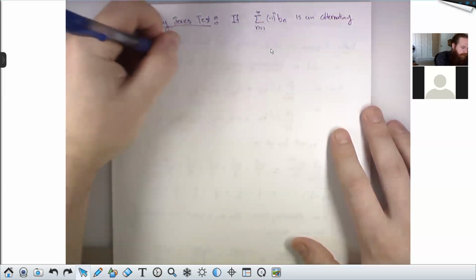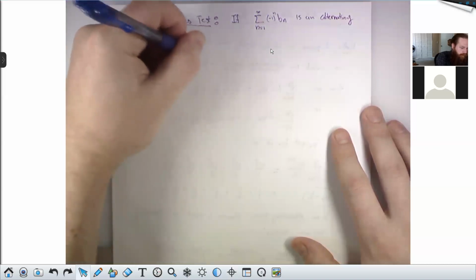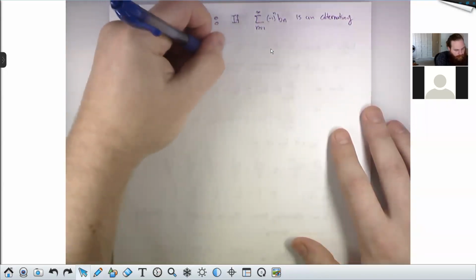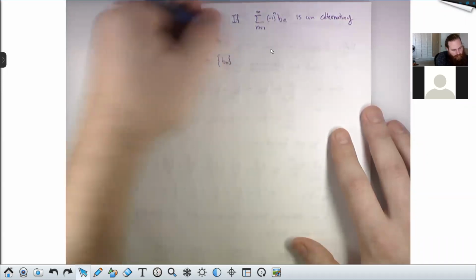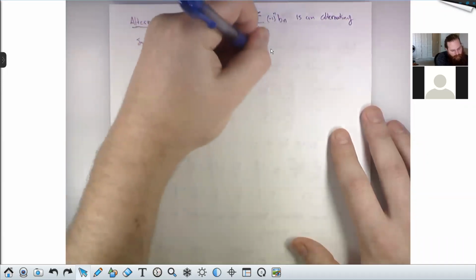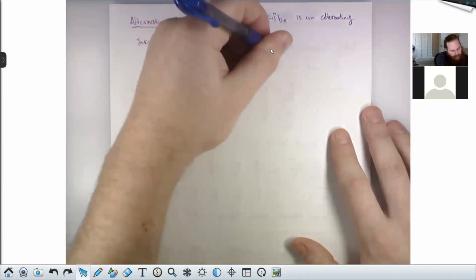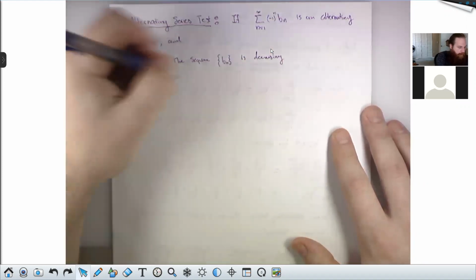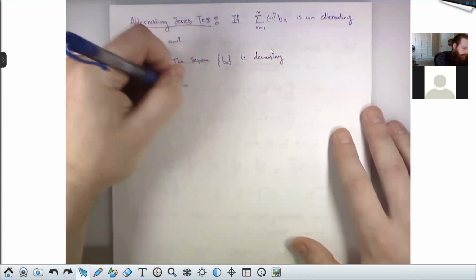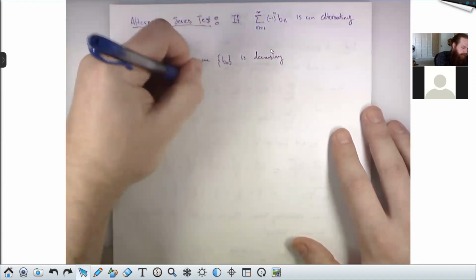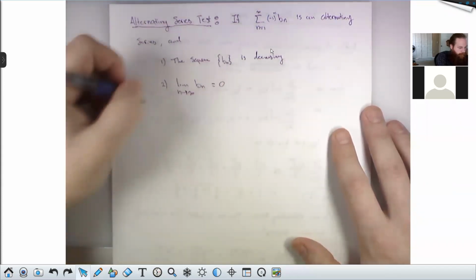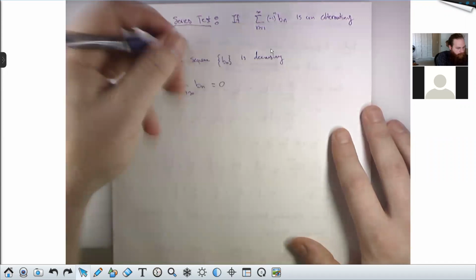The sequence Bn is decreasing, and the limit of the Bn's is equal to 0, then the series converges.